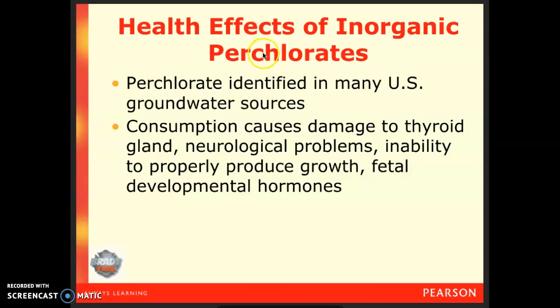And when you ingest perchlorates into your body, they have a potential to damage your thyroid gland, to cause neurological problems, as well as impacting growth and development, not only for children that are born and developing, but also for those that are still in the womb. So there are some negative effects associated with them. It's one of the reasons why we have to be really careful about them.